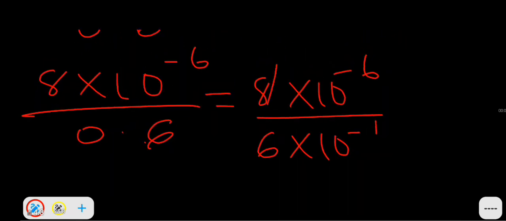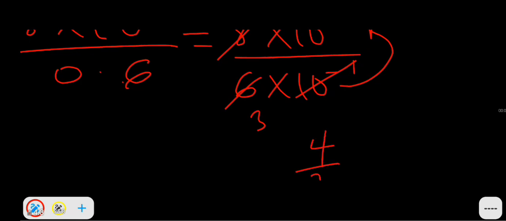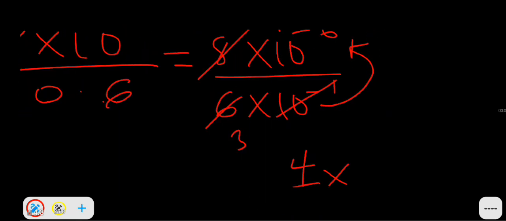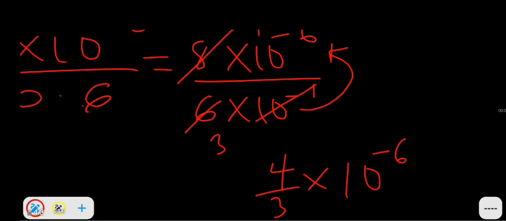If you divide 8 over 6, you will get 2 here, 4, 2 here, 3. That's 4 over 3. Then this 10 to the power minus 1, take it upstairs. If you take it upstairs, it's going to be 10 to the power 1, positive. So you're going to have 4 over 3 times, at the top here, 10 to the power minus 6, times 10 to the power 1.